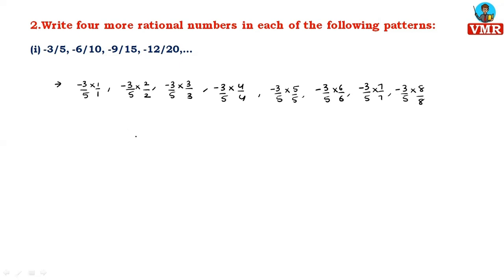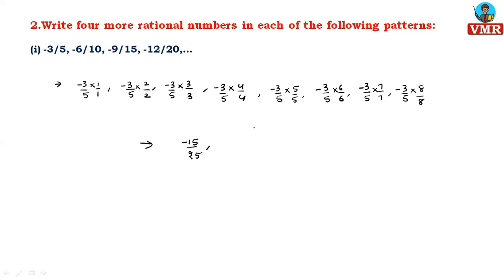Up to these four terms we have in the question, and the remaining four terms we have to write as the answer here. So minus 3 into 5, that is minus 15, and 5 into 5, 25. The answer is minus 15 by 25.